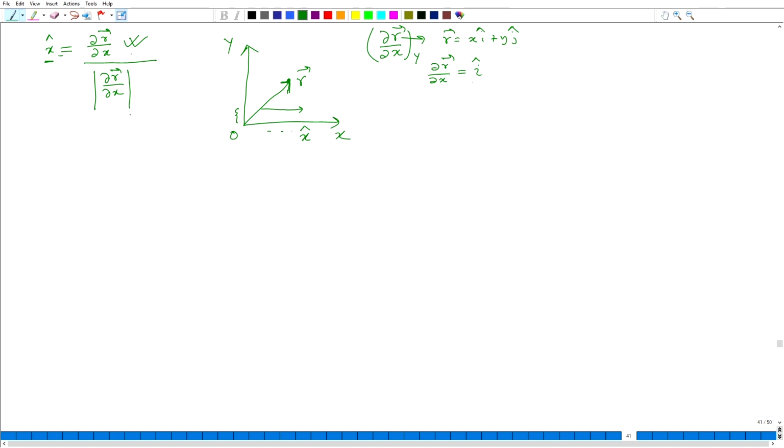In this case the modulus is actually 1, so both are equal. Writing it or not has the same meaning, and x cap is equal to i cap.